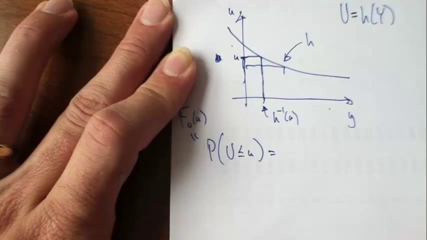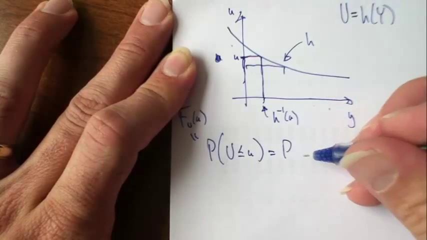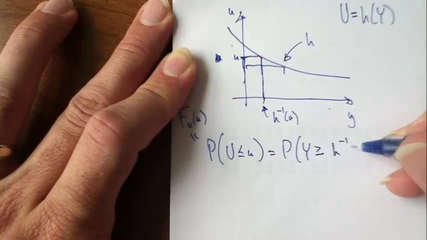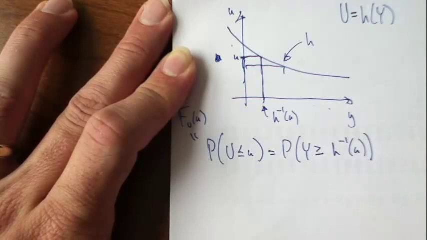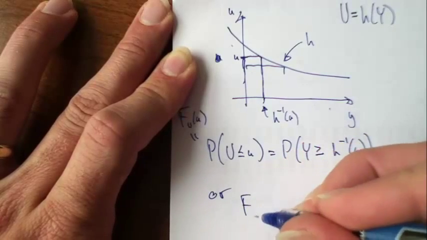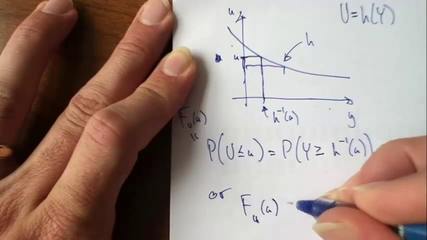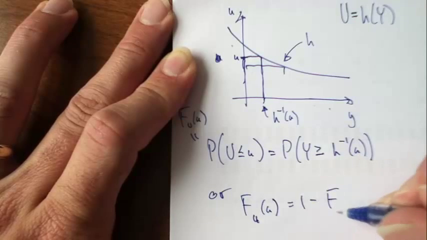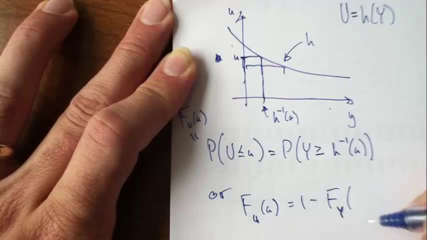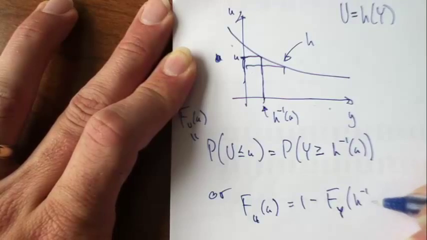So this is equal to the chance that y is at least h inverse of u. Another way to say this is that F sub u of u is equal to 1 minus the CDF of y evaluated at h inverse of u.